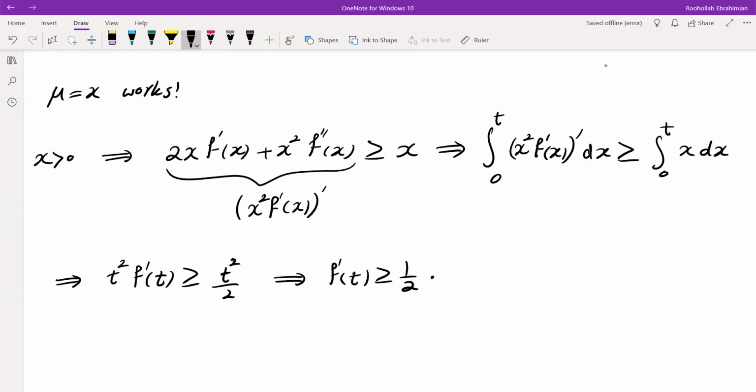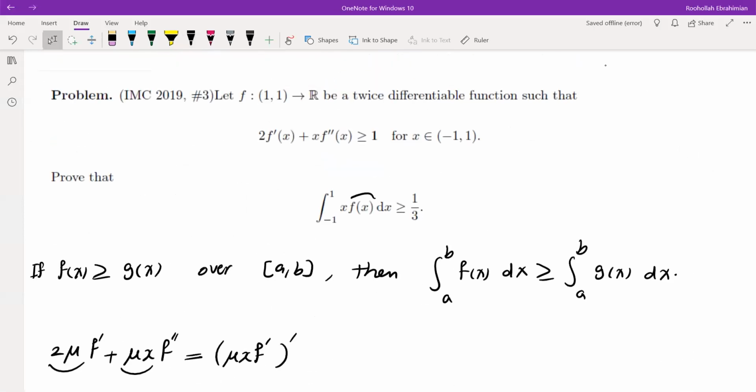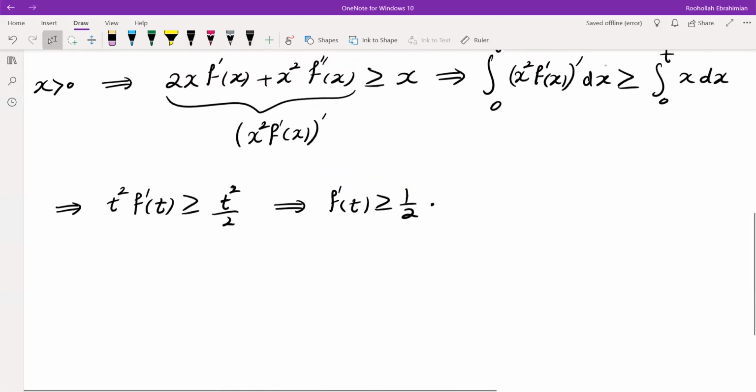Okay. So that's nice, but we're still not there yet. We'll have to take this and somehow turn that into the integral of x f of x. So maybe a good option would be to integrate that again and see what we get.